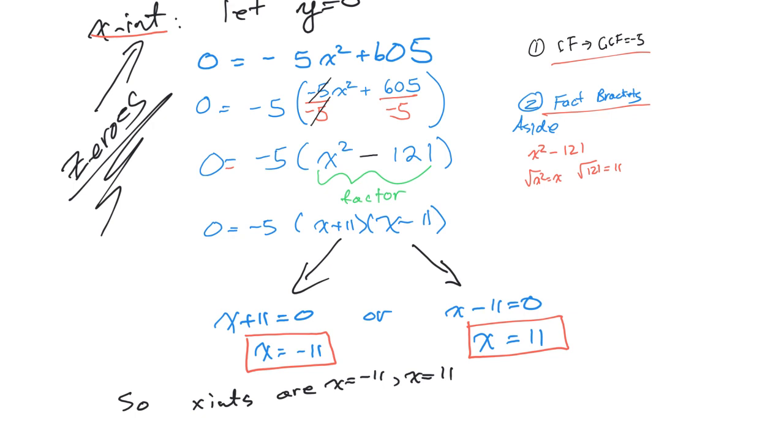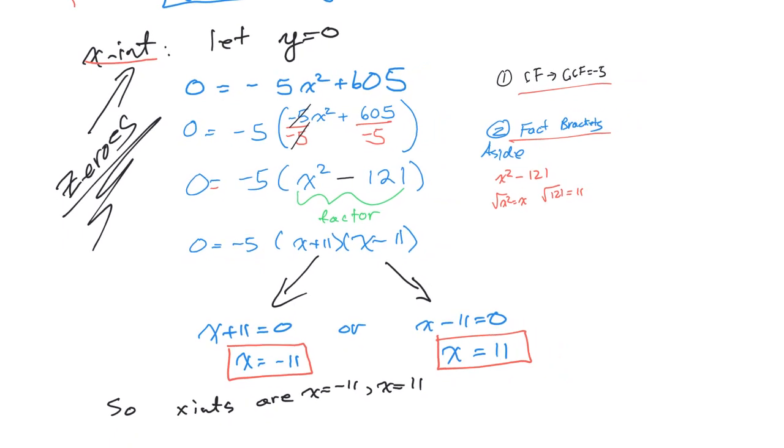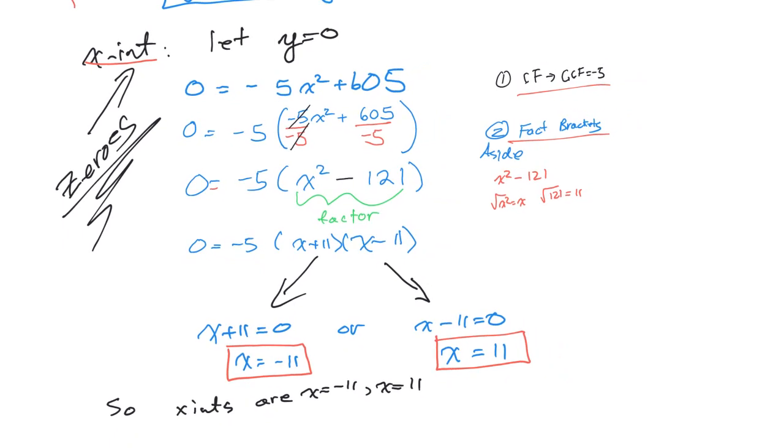So just a quick review of what we did. When we did a problem like this, where we set 0 and we're trying to find our intercepts, what we want to do is let y equal 0. So when we're finding our x-intercepts, we let y equal 0, and then we factor.